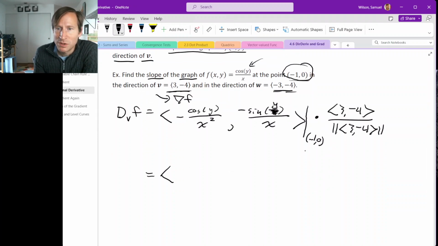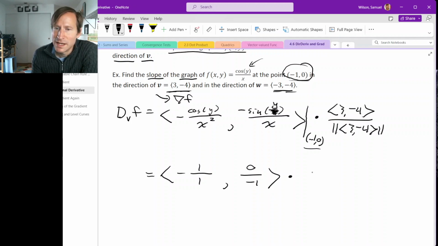All right, so now we'll plug in our point minus 1, 0. We get minus cosine of 0, which is 1, over minus 1 squared, which is 1. And then in the y direction, we get minus sine of 0, which is 0, over minus 1.